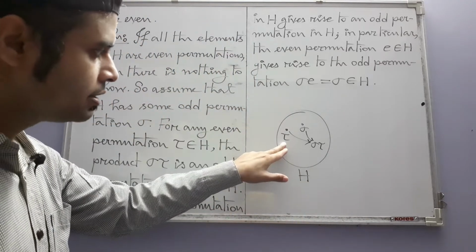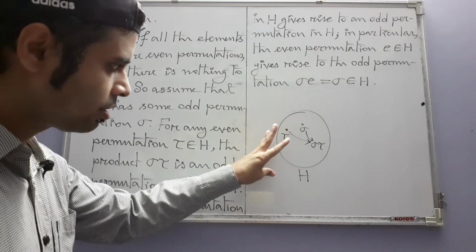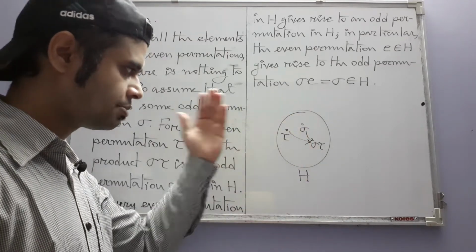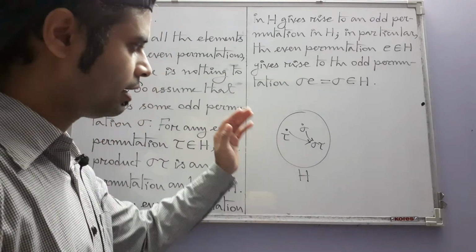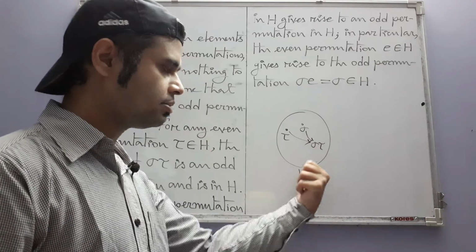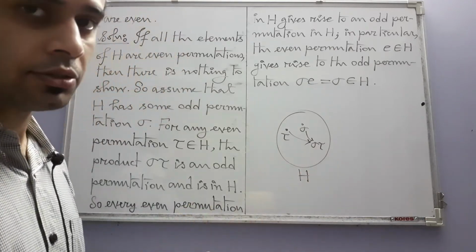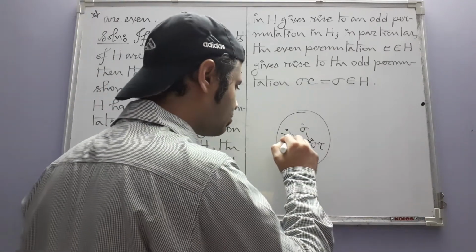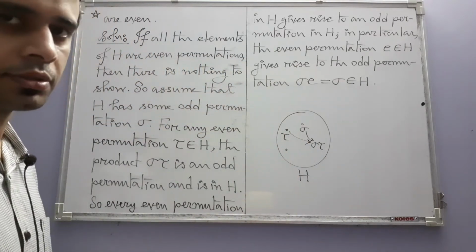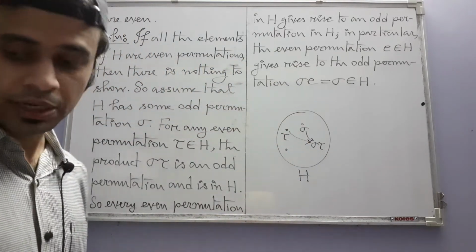So you vary this tau over the set of all even permutations in H, you get as many odd permutations in H as you have even permutations in H. But is that true? Will different taus give rise to different sigma taus? Next, that we have to see.